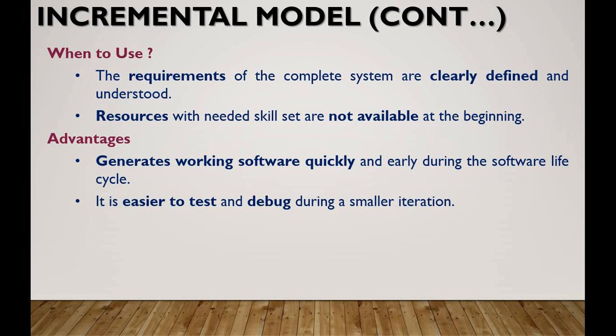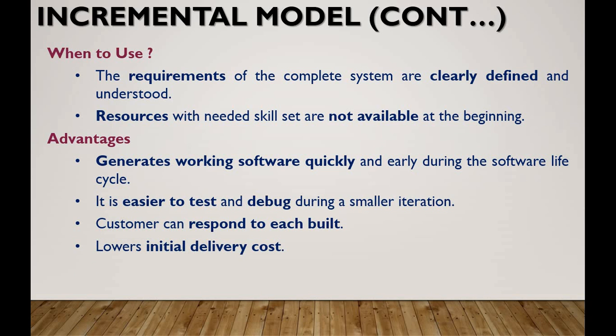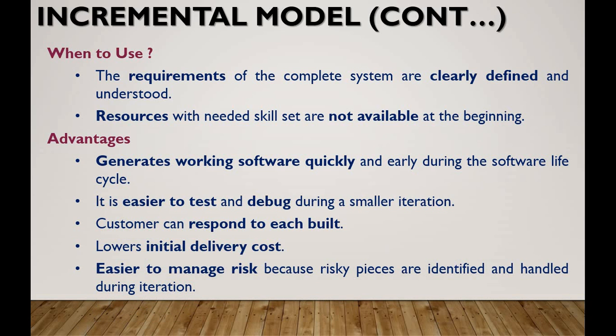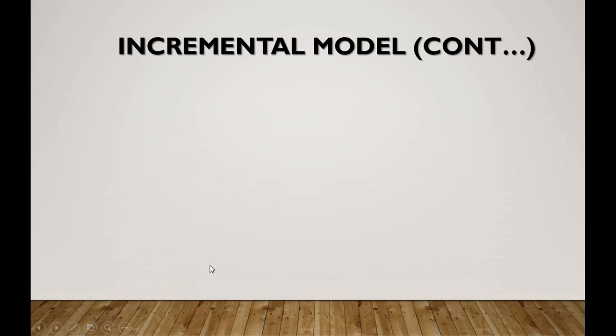Next, it is easier to test and debug during small iterations. The customer can respond to each build. It lowers initial delivery cost, and it is easier to manage risk because risky pieces are identified and handled during iterations. So these are the advantages of the incremental model.